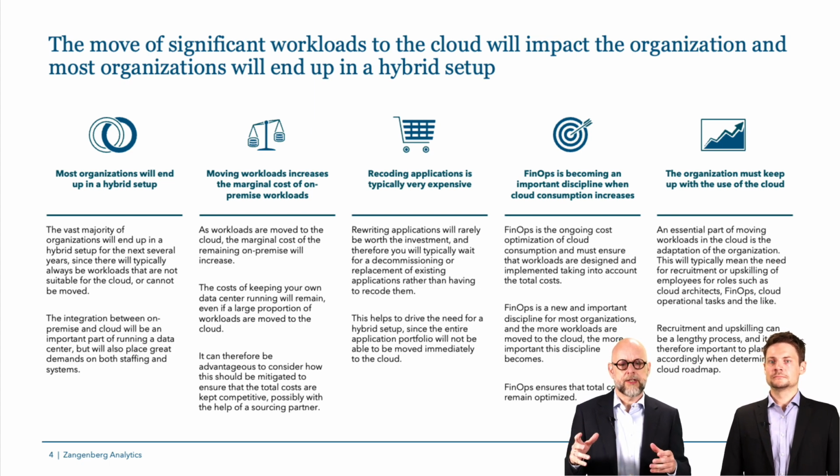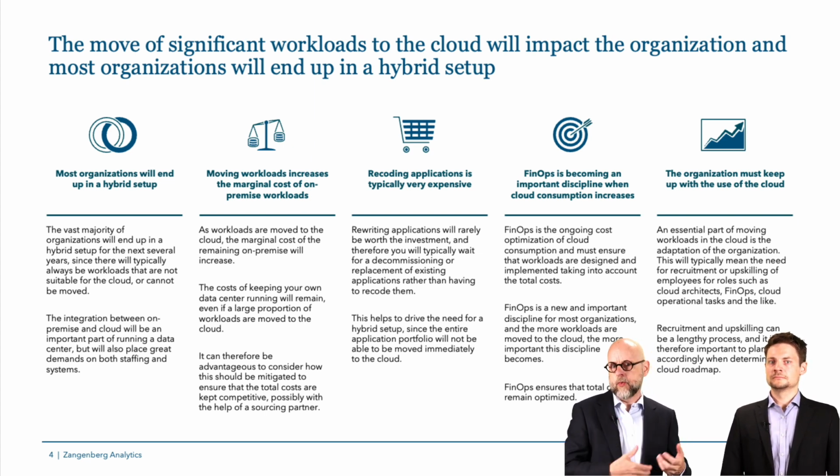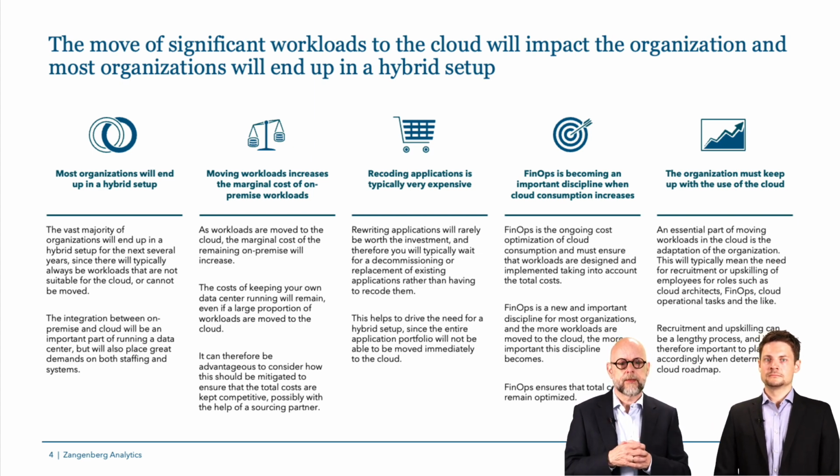Recoding applications has proven much more difficult for many organizations than they thought it would be. So that is one of the reasons why we see that the move to the cloud is not as expedient as most organizations perhaps thought it would be.